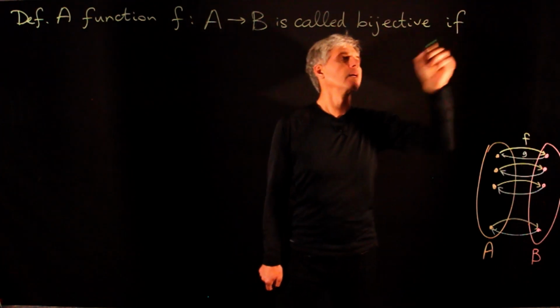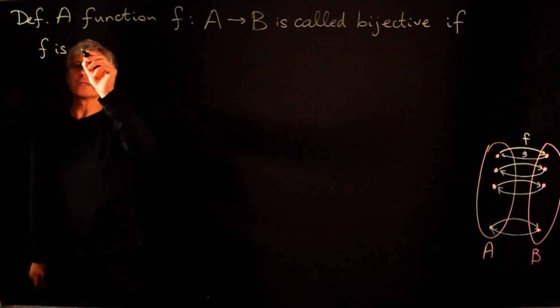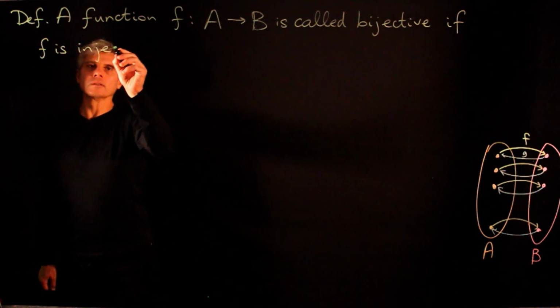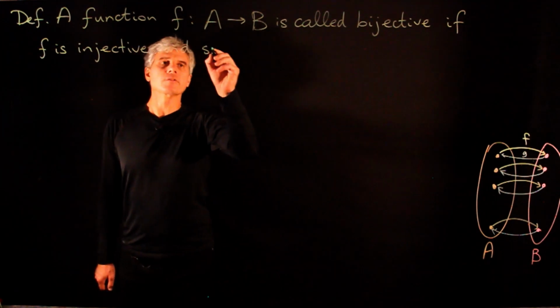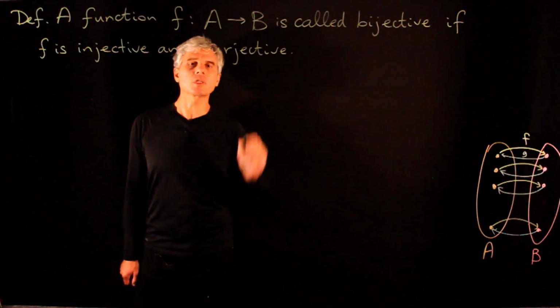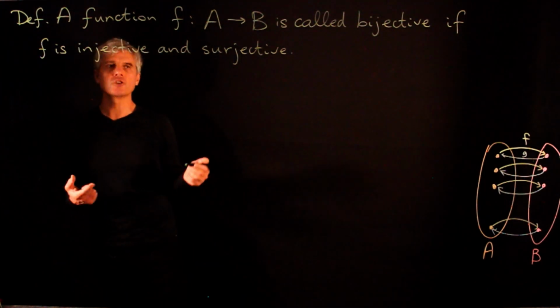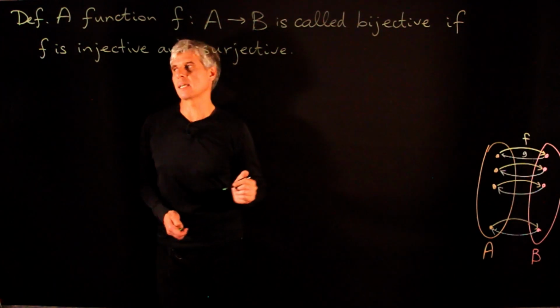if f is injective and surjective. So these two properties together, so injectivity and surjectivity together, is called bijectivity.